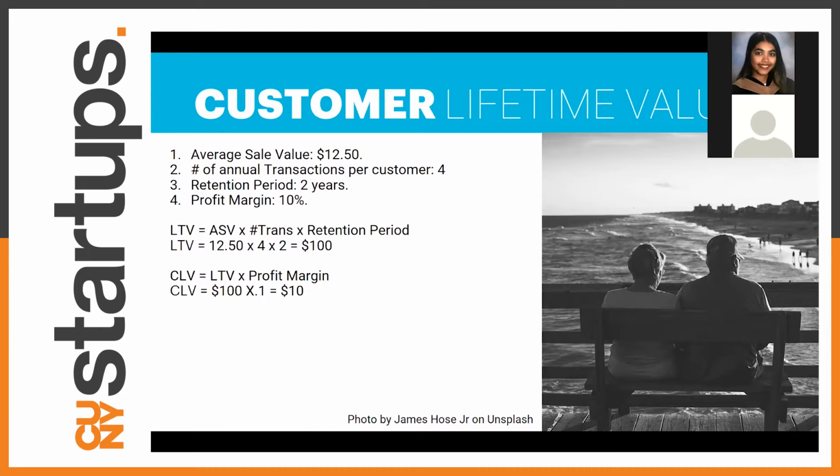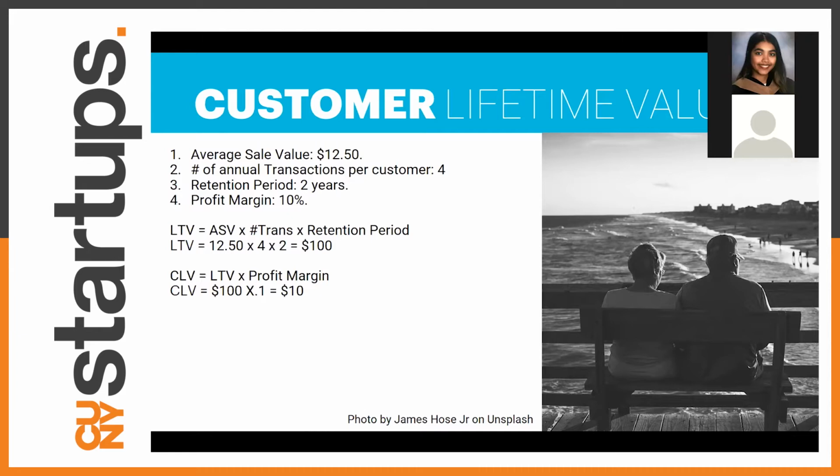Let's assume that your average sale is going to be $12.50. So you're selling something on average. Maybe some things cost $9, some things cost $15, but on average, your sale is $12.50. And you've also calculated that the number of transactions per customer per year is 4.